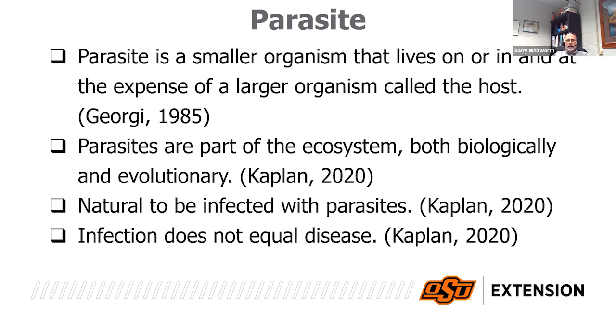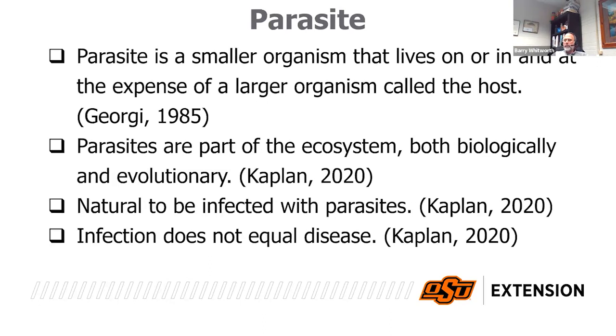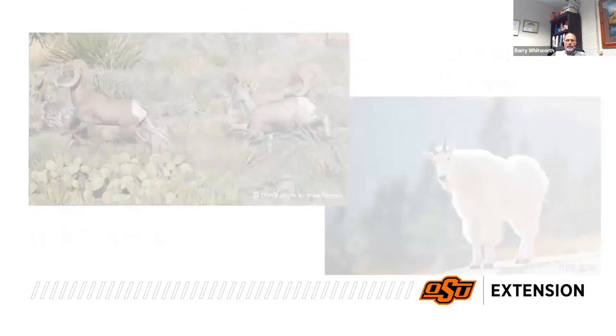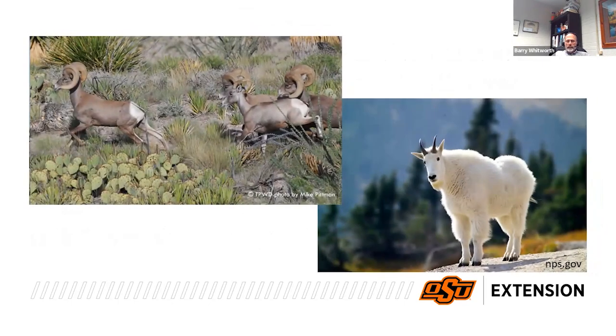When we think of parasites, we get that ick factor, and we don't like it, and that's understandable. But just remember, because an animal has a few parasites, that's not the end of the world. If you look at these pictures here of these animals, I would almost guarantee that if we could get some fecal material from these and do a fecal egg count, we'd find some eggs in that fecal.